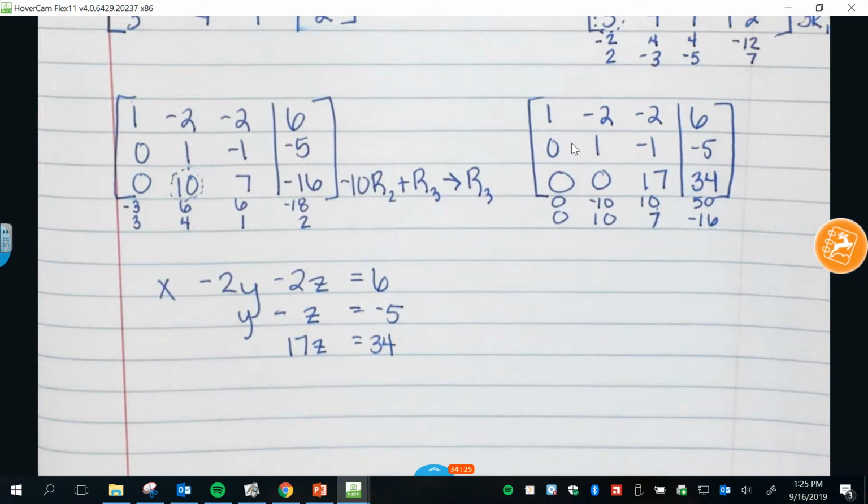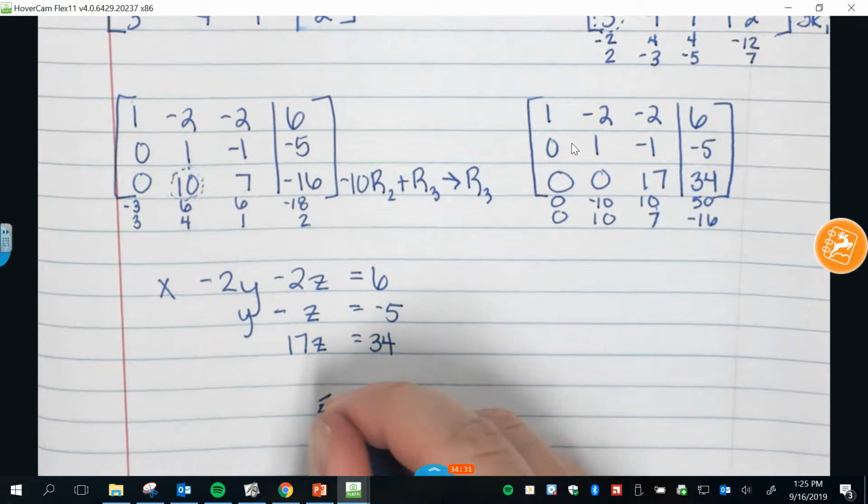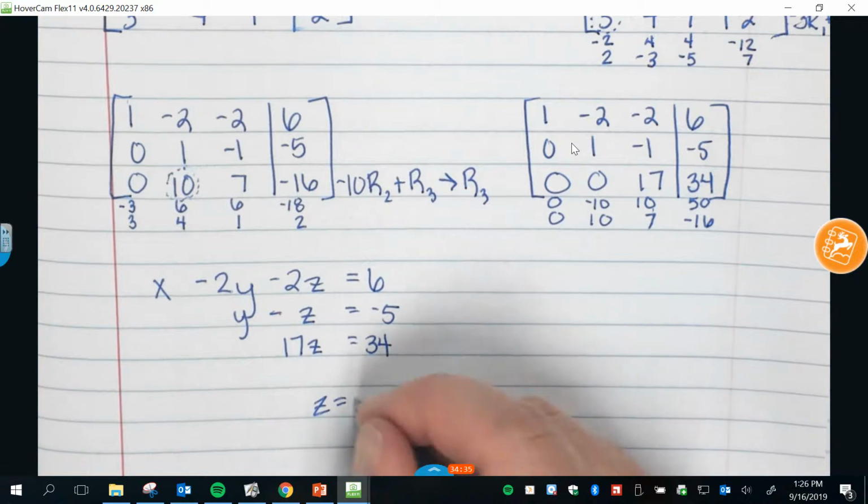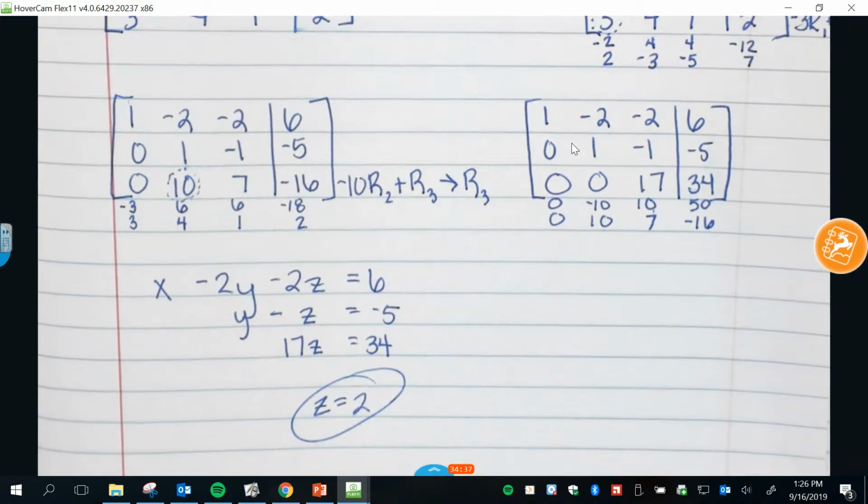Now we can solve that, right? Starting with z. Divide by 17. What is z? 2. Z is 2.